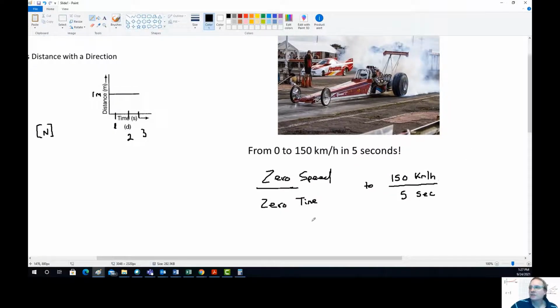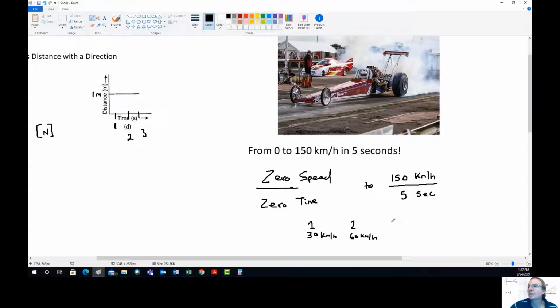So if we have 1 second, the amount of acceleration, you just divide: 150 divided by 5, or 15 divided by 5, is 3, so 30. After 1 second, it's going 30 kilometers per hour already. After 2 seconds, it's going 60 kilometers per hour.